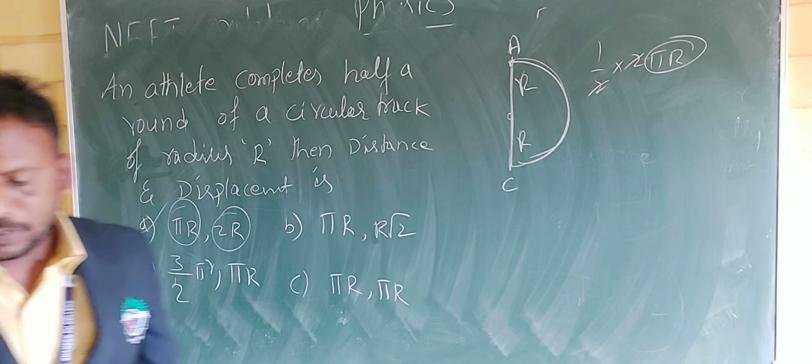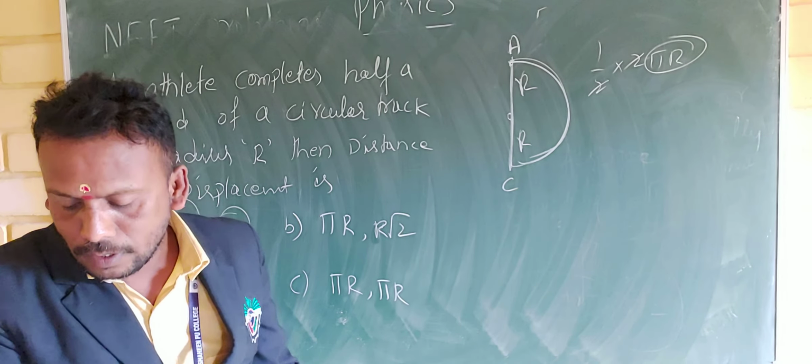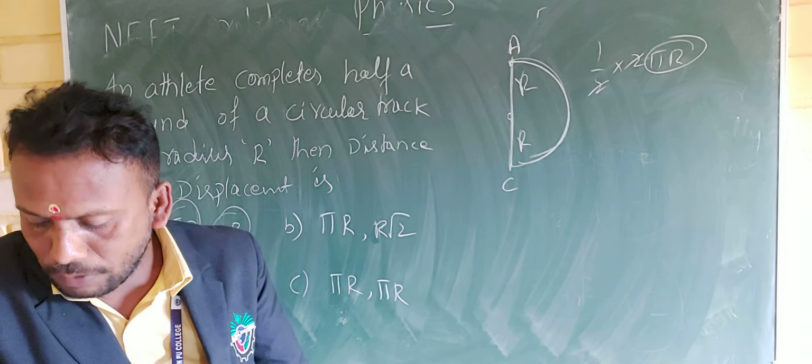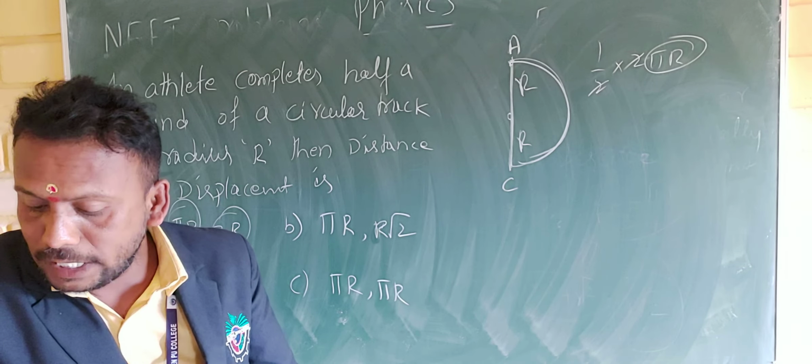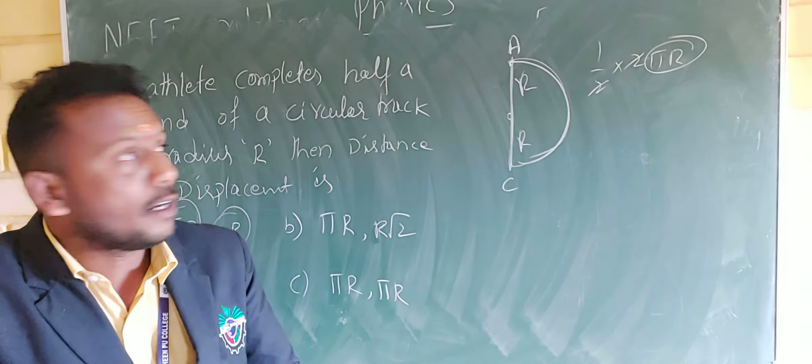Write down the question. A body covers a circular path of radius 21 centimeter.